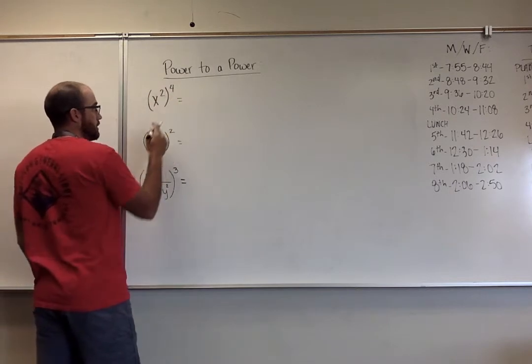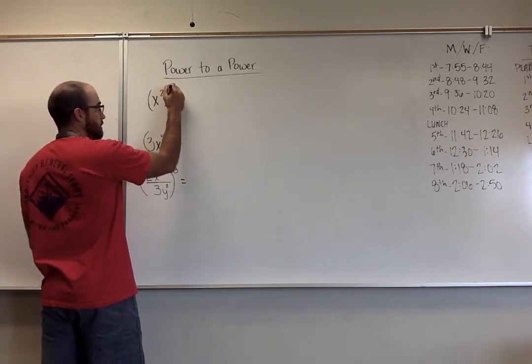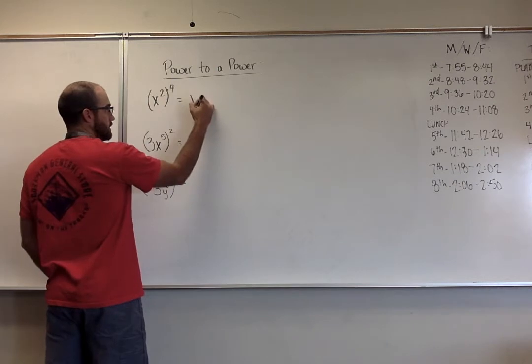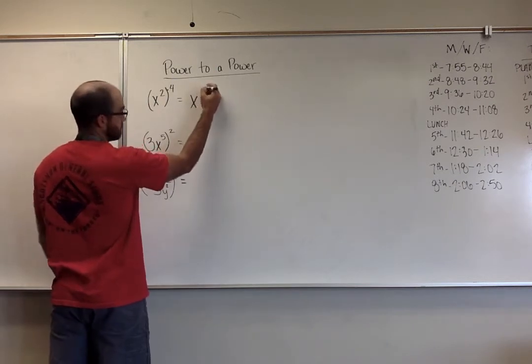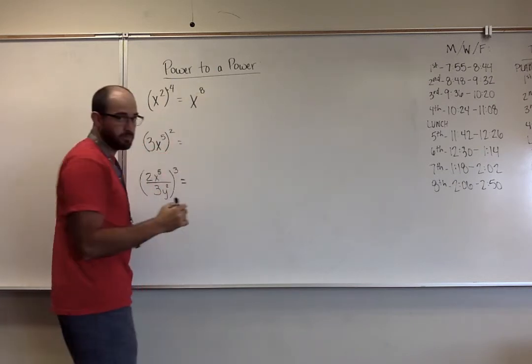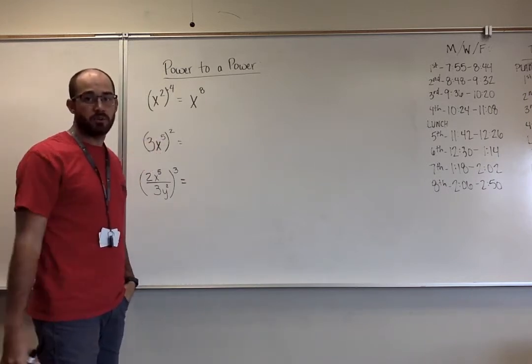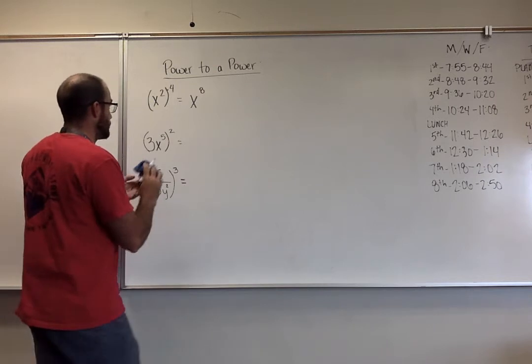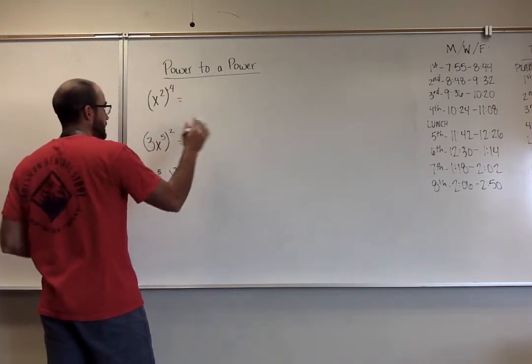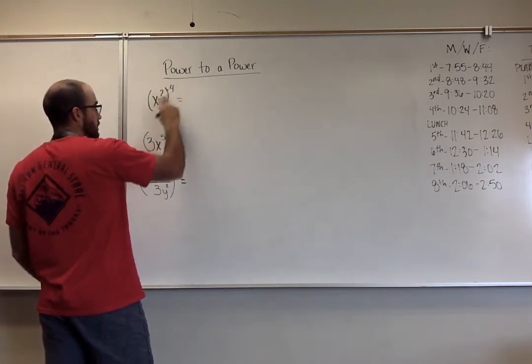So our power to a power here says I'm going to multiply 4 times 2. My answer would get us 8, okay? At the very beginning, we talked about how we can expand these out and write them out. Essentially, if we wrote this out expanded, it's saying we have 4 x to the seconds.